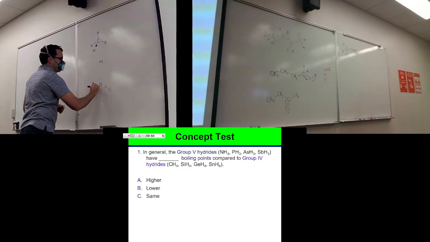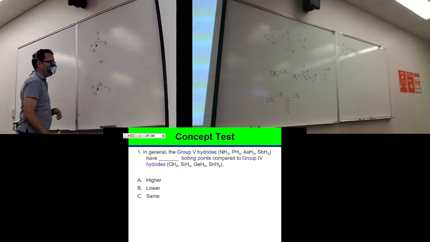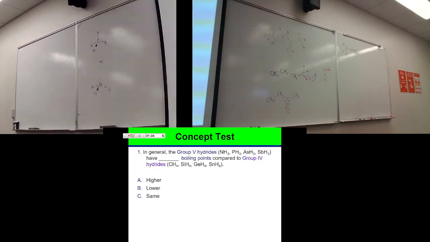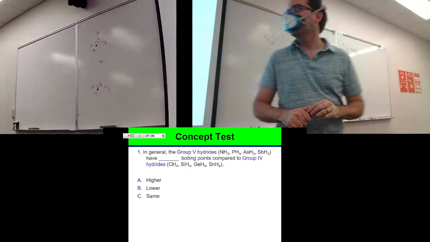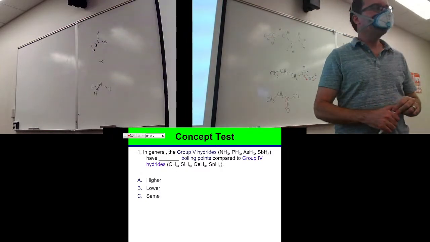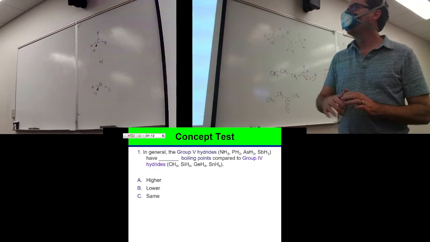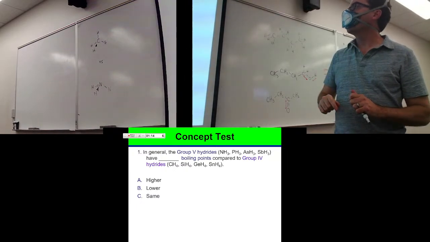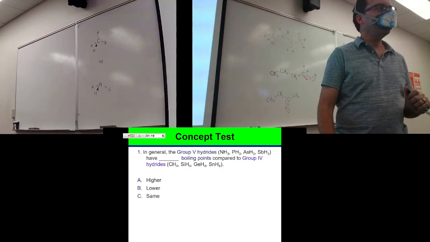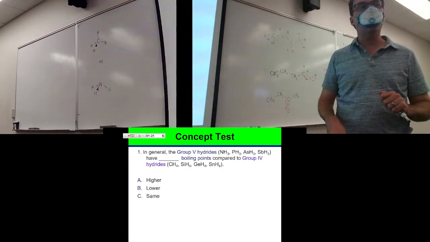Yeah. So, based on the fact that group 5 would make all trigonal pyramidal shapes, which can be polar. These molecules can be polar. Group 4 hydrides like methane will make tetrahedral shapes, which are completely symmetrical. They're going to be nonpolar.